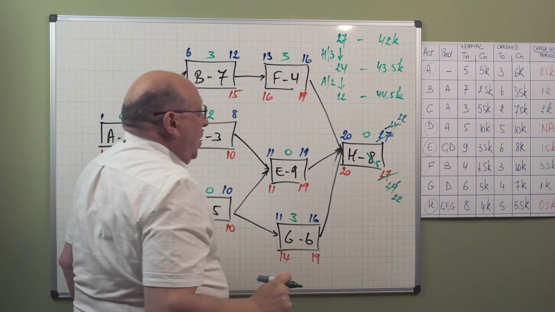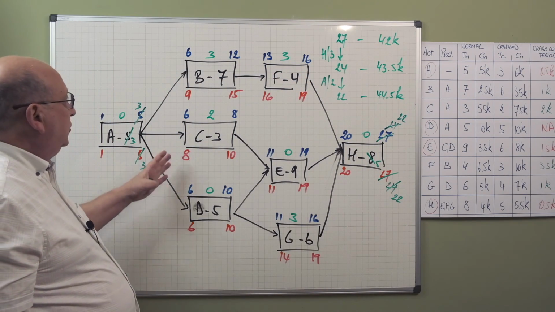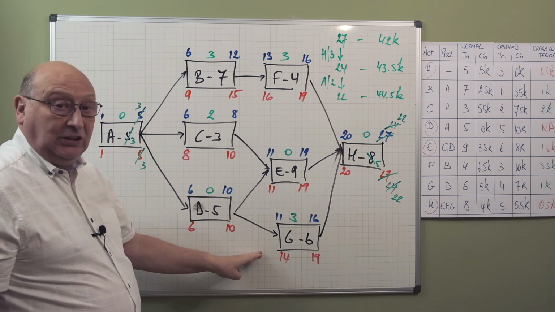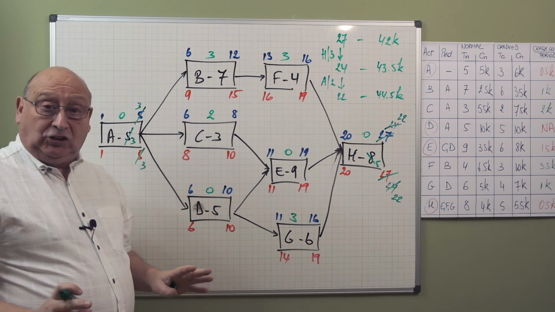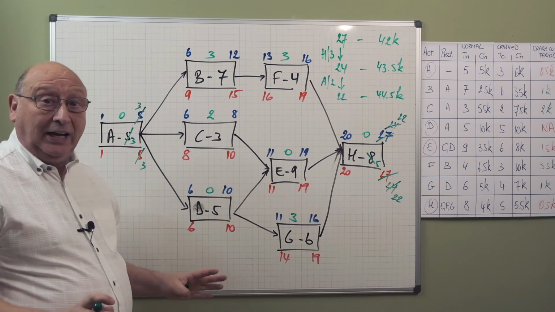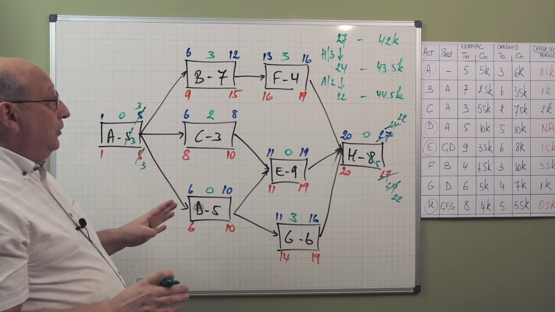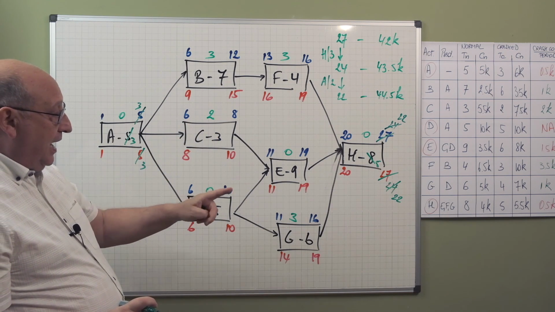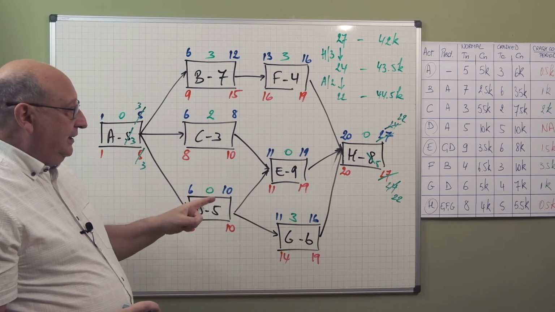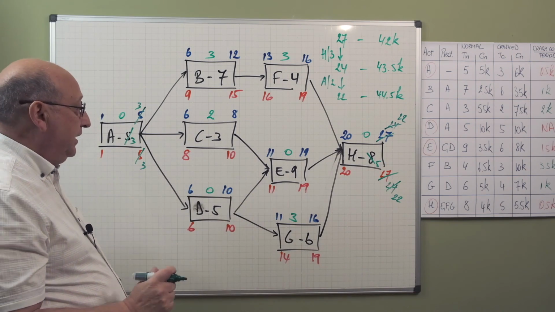Now, all the slack of the activities B, F, C, and G does not change in our case. So it's quite easy. We don't have to do so many calculations. What is still remaining? I finished A, I finished H. I still have activity E that I can crash with 3 periods.